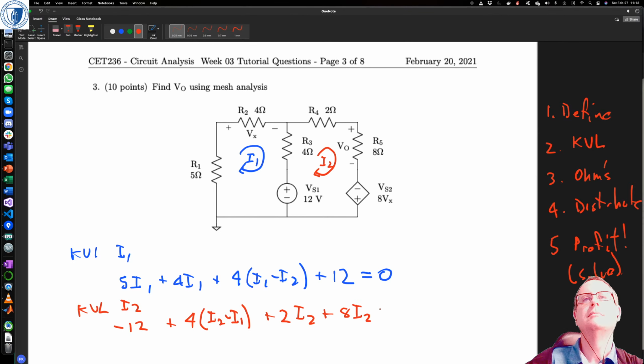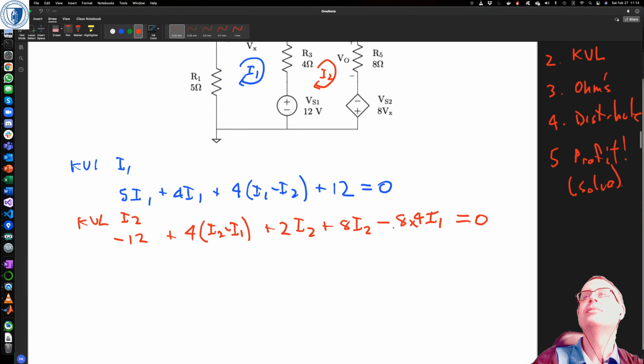And then for the dependent voltage source, it would be still going minus to plus, so it'd be minus 8 times Vx, which is the R2 resistor, which is 4 times I1. That whole thing equals 0.